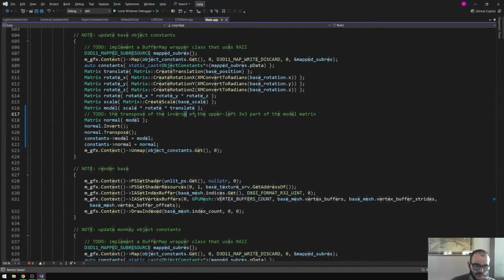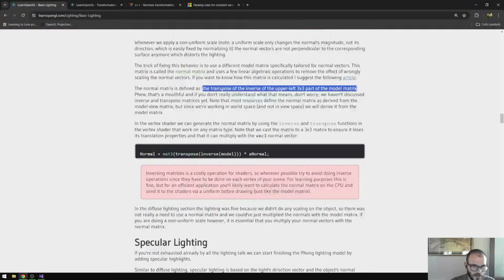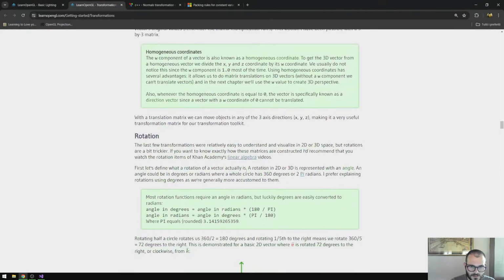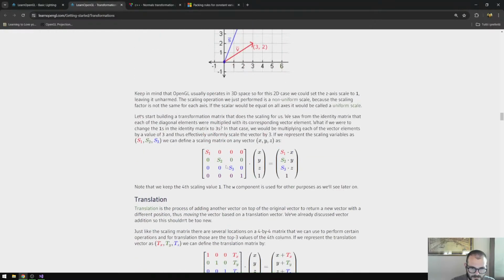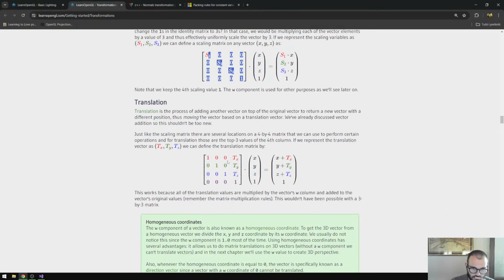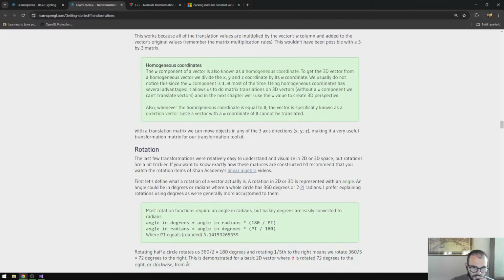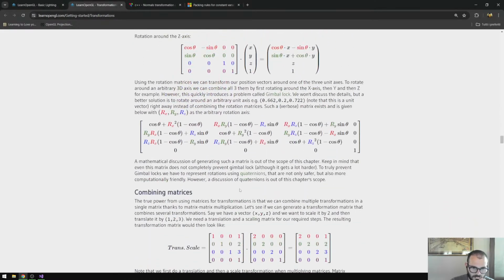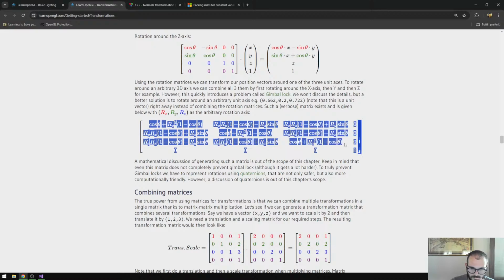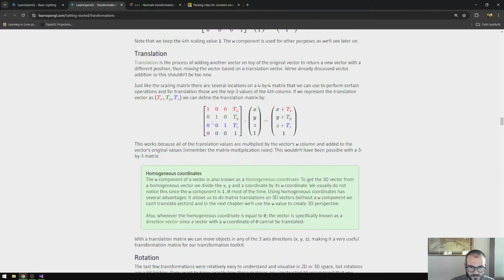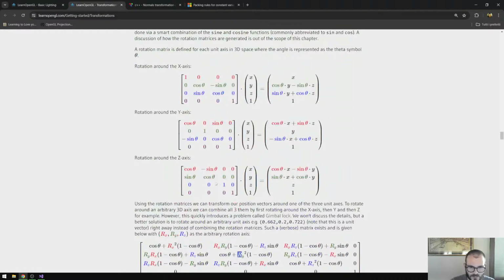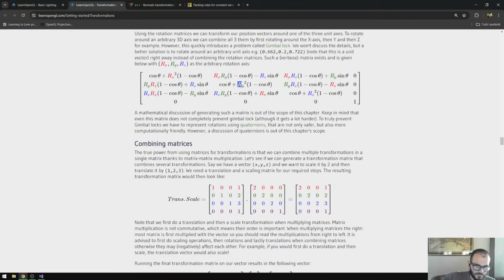Taking the upper left 3 by 3, you have the contributions of the scaling, you don't have the translation, okay, and the contributions of the rotation. So the idea is that you just have the contributions of the scaling. So you scale, you rotate.